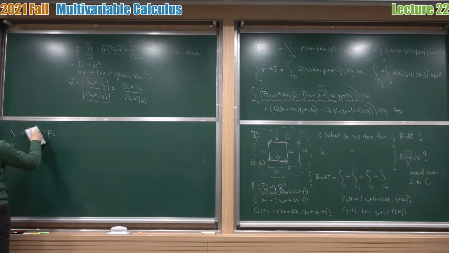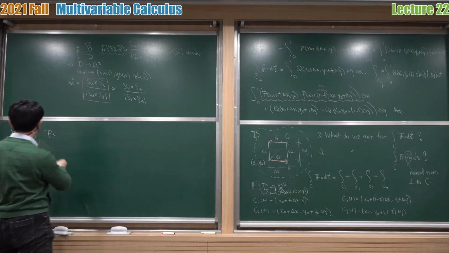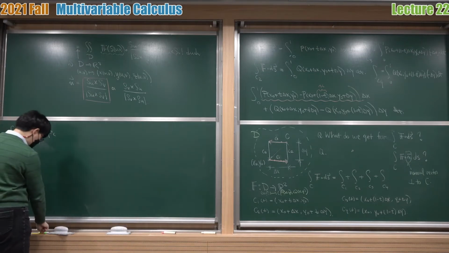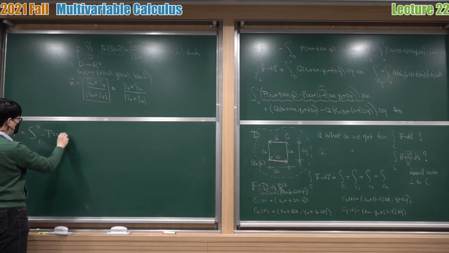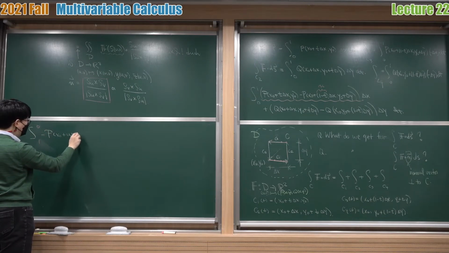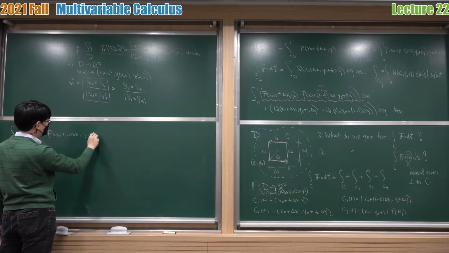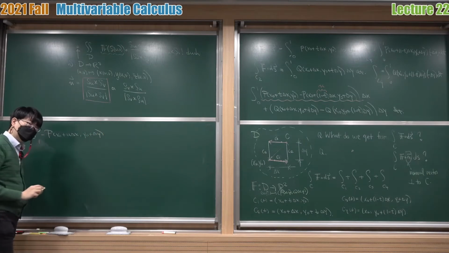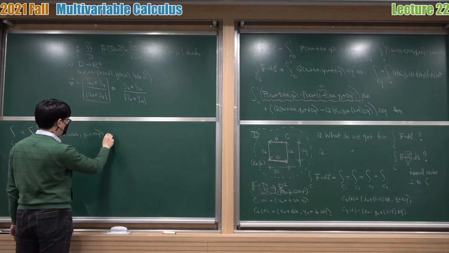Then when t is from 0 to 1, u is from 1 to 0, and this is going to be minus of p at x0 plus u delta x, y0 plus delta y, and then we have delta x.